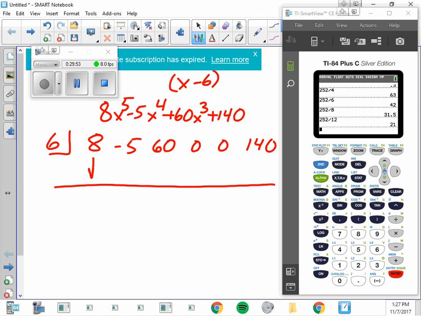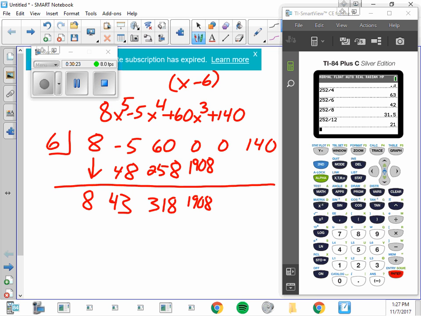All right. Drop the 8. 48. 43. Holy cow. Who wrote these problems? That's 258. All right, 318. Oh my goodness. 1908. Oh wow, this is going to be huge. Okay. 448.